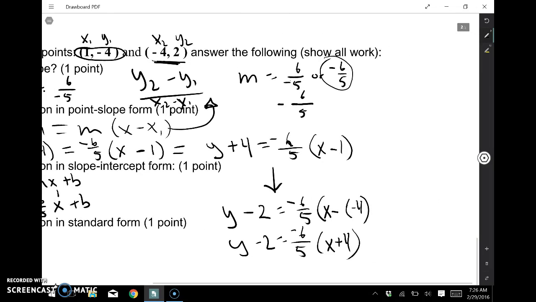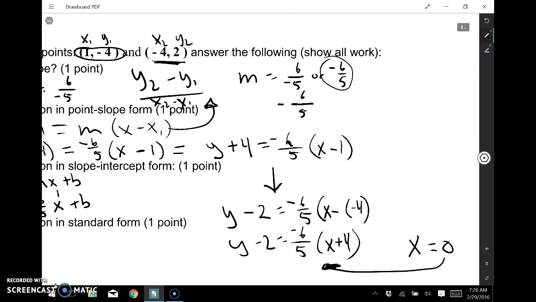Or because I already have point slope form and I know that the y-intercept is when x is 0, I can actually take this 0 and put it in right there, and it'll solve for the y value. And then I can do it that way and find the y-intercept as well.